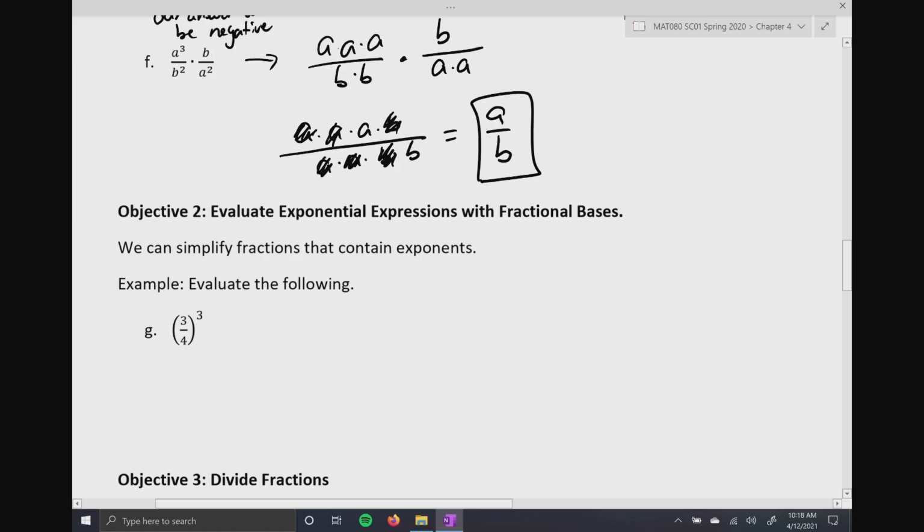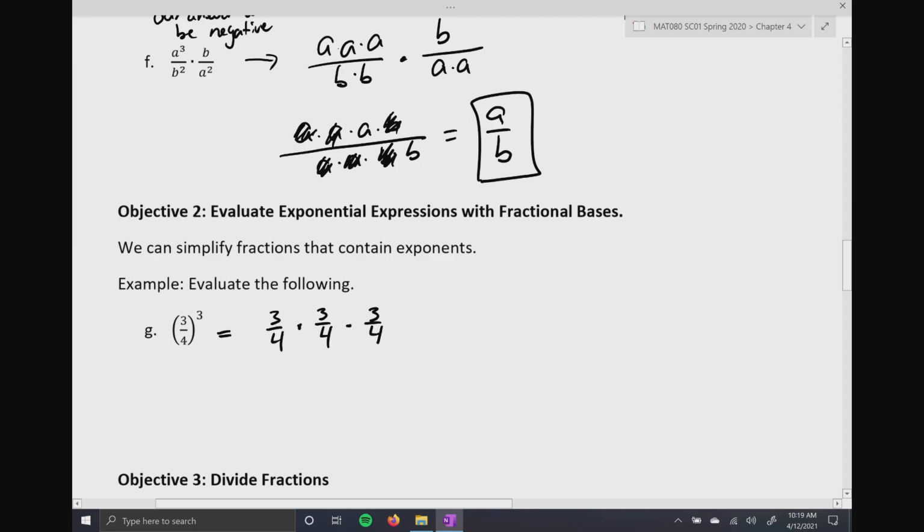Now, that last example leads us directly into the next example, which is simplifying fractions that contain exponents. Because it all goes back to, do you know what an exponent means? In the previous example, letter F, when we had a to the third power, that meant a times a times a. Well, in letter G, 3 over 4 to the third power means 3 over 4 times 3 over 4 times 3 over 4.